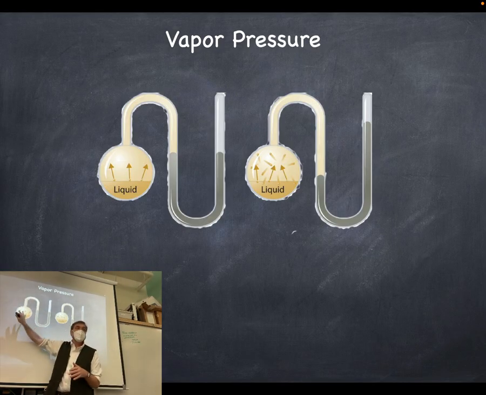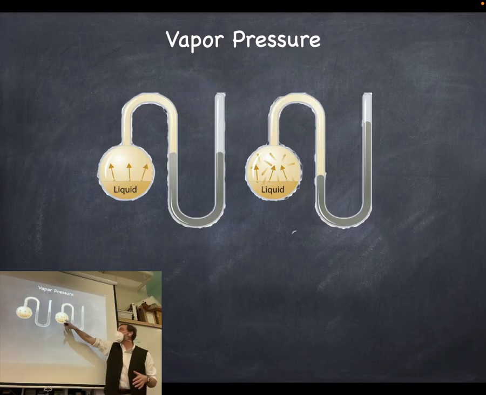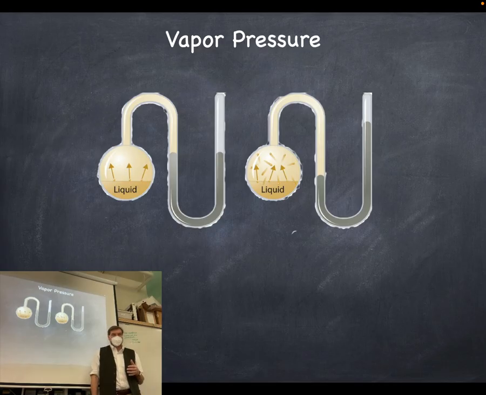Here, I'm losing liquid. Liquid's turning into a gas. The amount of liquid is decreasing. Here, the amount of liquid is stable. We reached a balance between the particles leaving and the particles coming back. If I measure the gas pressure inside here, that is the vapor pressure. What pressure of vapor is required to balance the rate of particles leaving and rate of particles coming back?